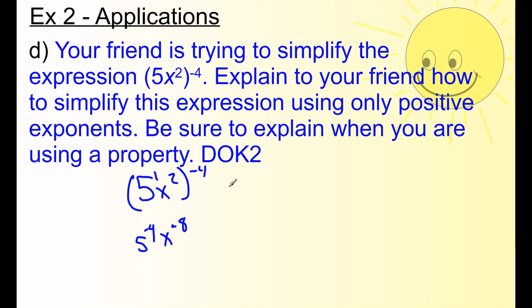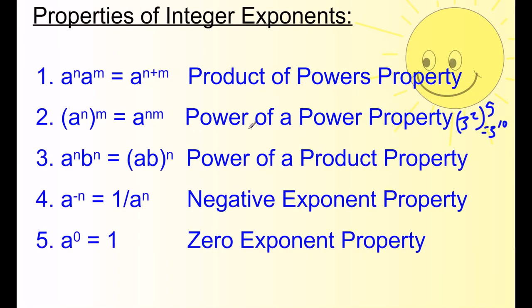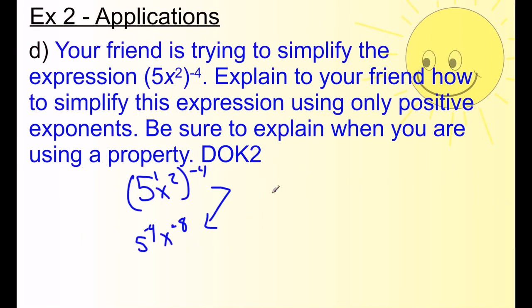So the property we used to get here is, when you have an exponent to an exponent, the power of a power property. So we used the power of a power property.